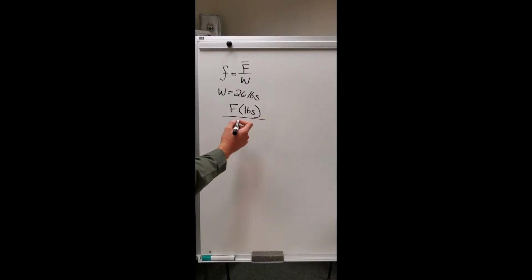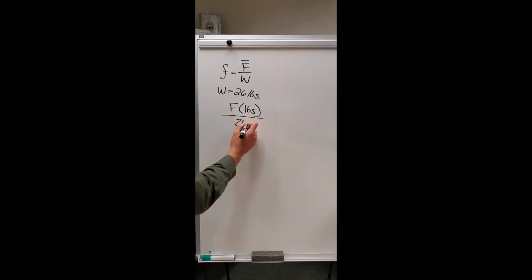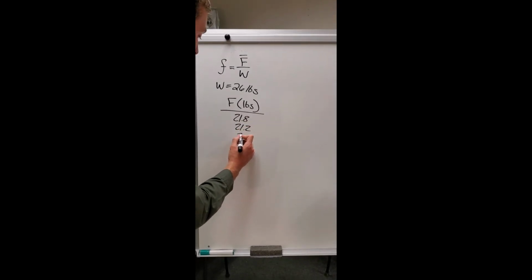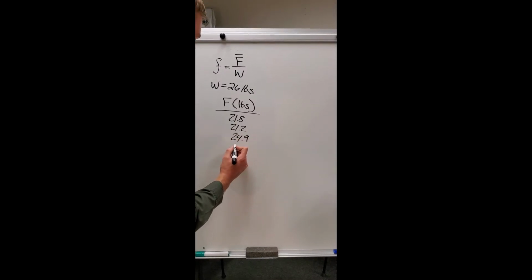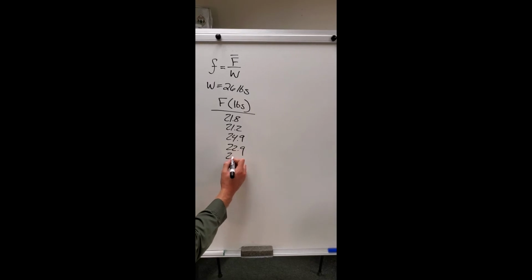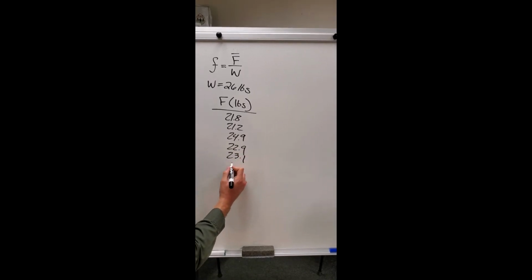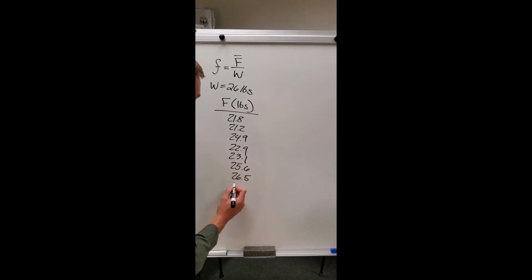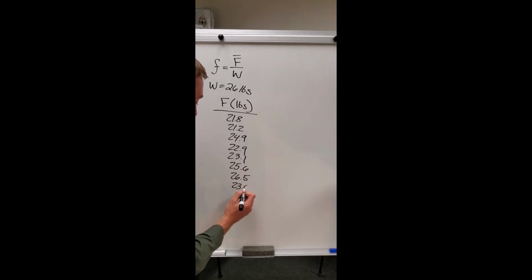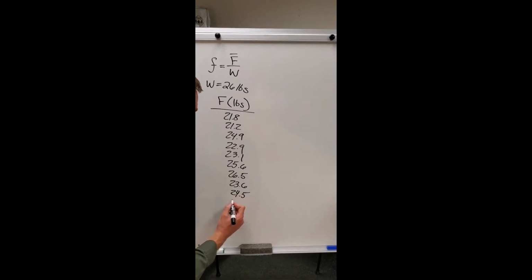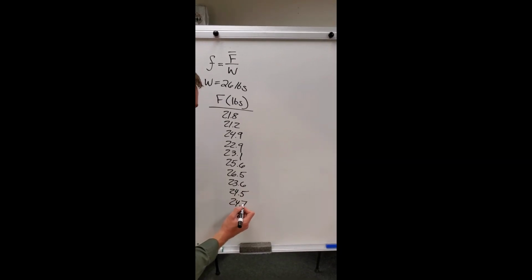And what were those values? 21.8, 21.2, 24.9, 22.9, 23.1, 25.6, 26.5, 23.6, 24.5, and 24.7.